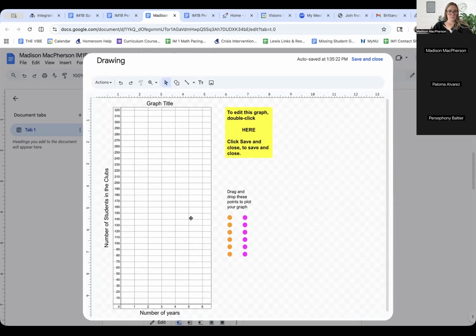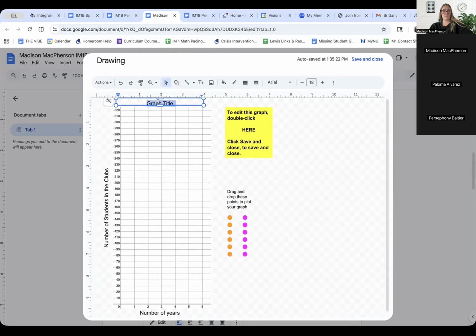And while we're doing this, we're also going to make a title, and we're going to do club growth per year. So once we have all the labels done, then we can get to work on actually graphing the information.